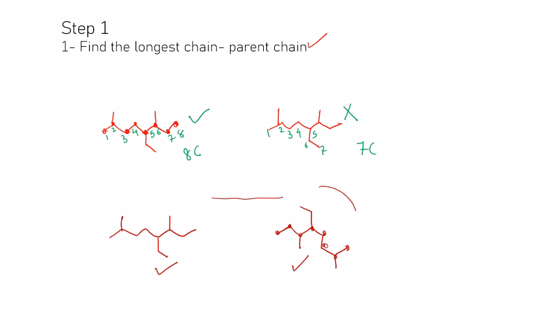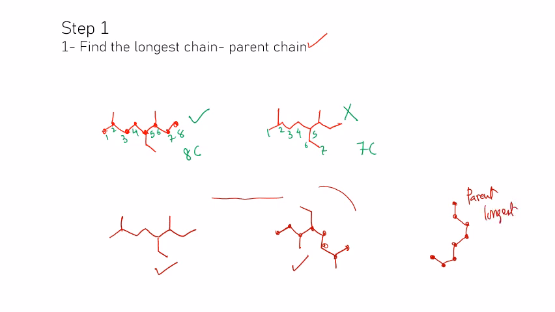If you can count without lifting it, okay, let me draw one more, then I can show you. Let us start from here. 2, 3, 4, 5, 6, 7, 8. You see, I drew all 8 carbons without taking my pen from the screen. So that means it can be a parent chain, the longest one here.